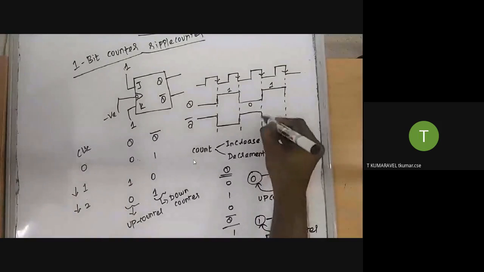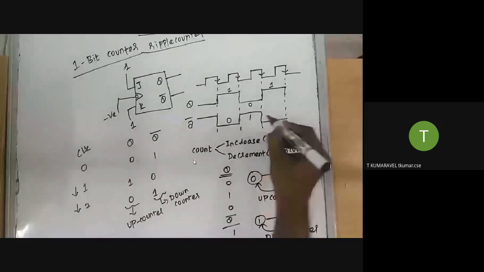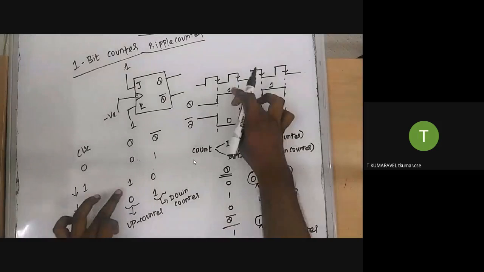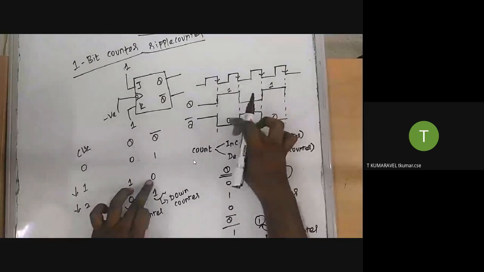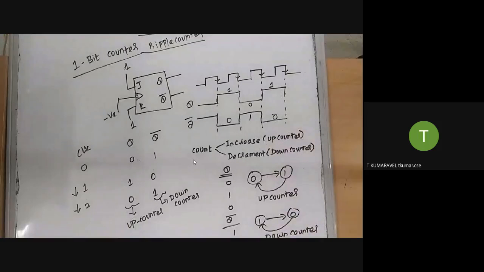So this is 1 and 0, and the same thing we get: 1, then 0, and then 0, 1. This is called a 1-bit counter. Do you have any queries regarding this?